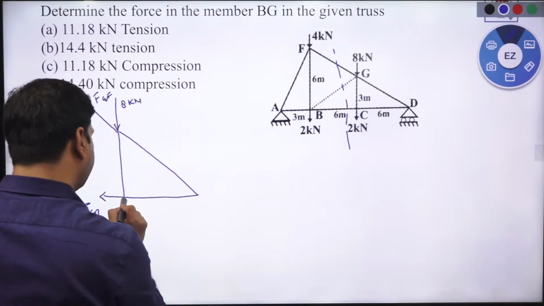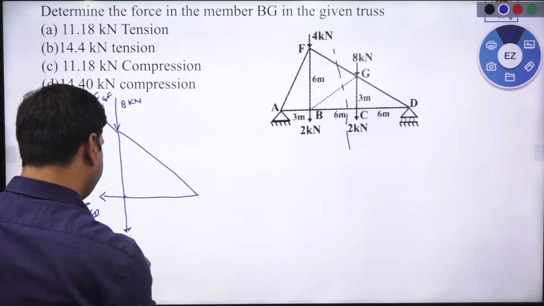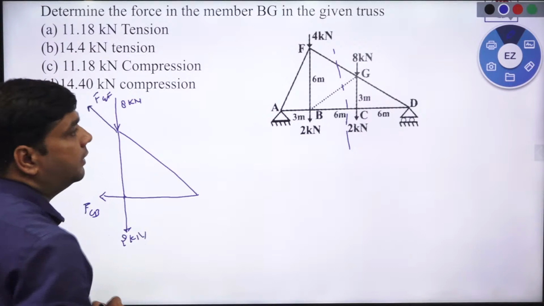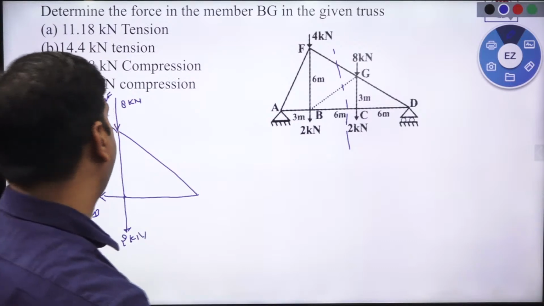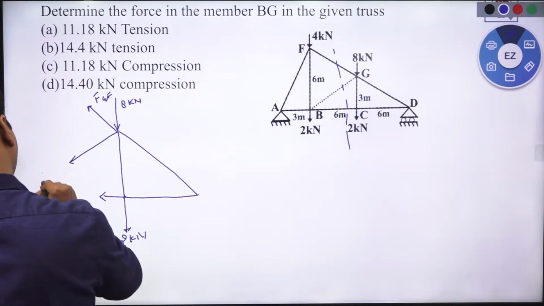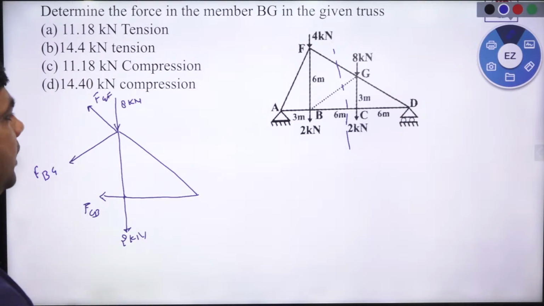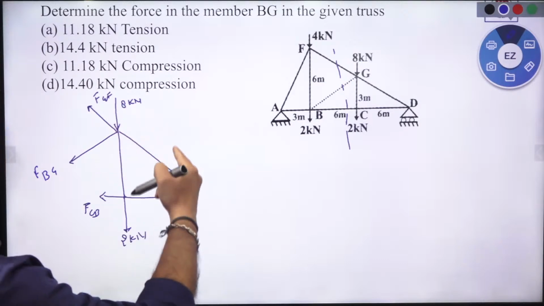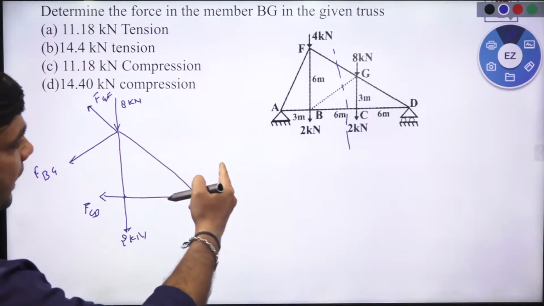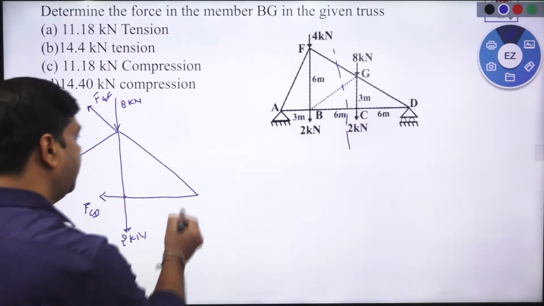There is another force at C acting here, that is 2 kilonewton. And except that there is a force along the BG member, F of BG. Is there any other force acting on the member? There is no force except F of CB, F of GF, F of BG, and 8 kilonewton and 2 kilonewton. This is point D.